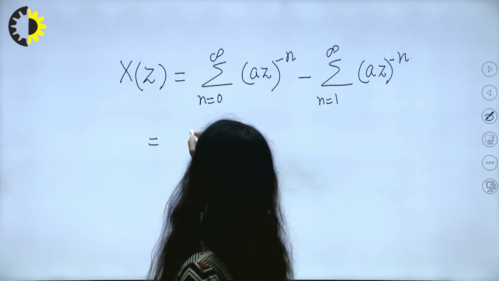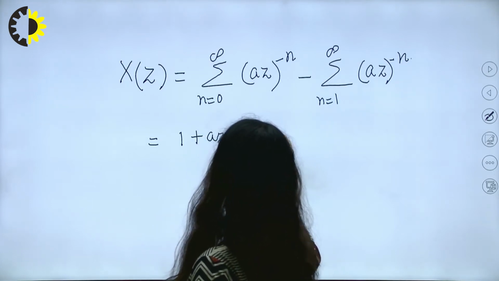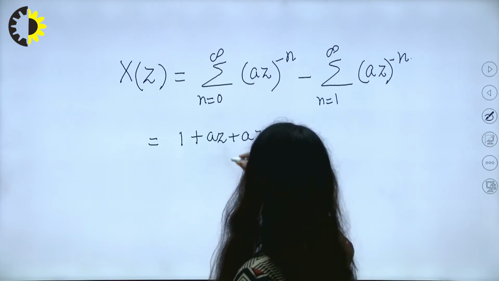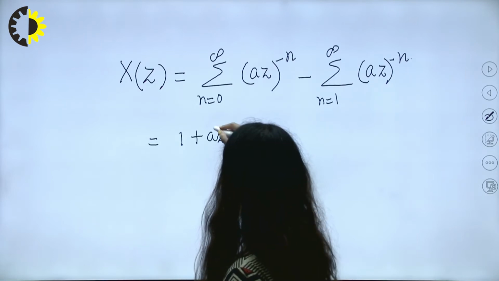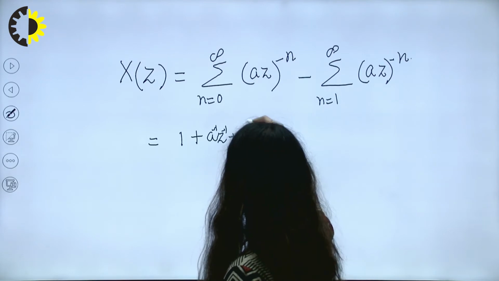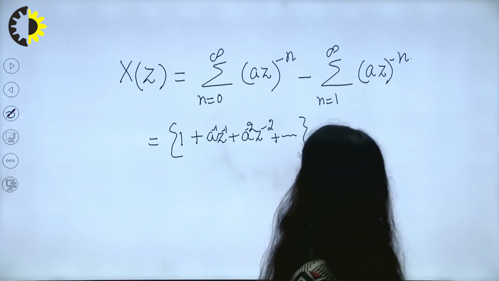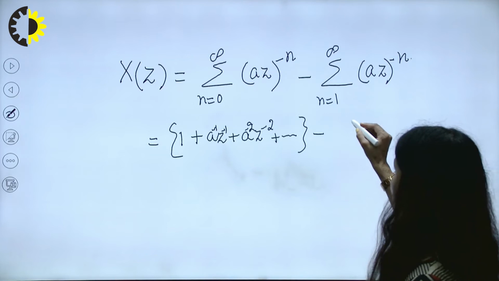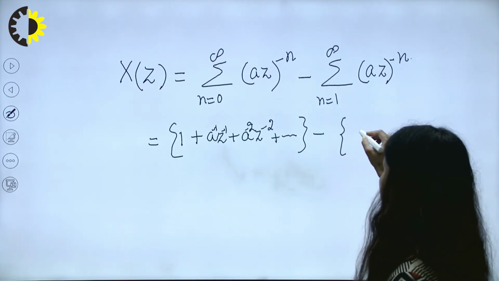Let us calculate this. It will be 1 plus az, and so on, minus the second summation.